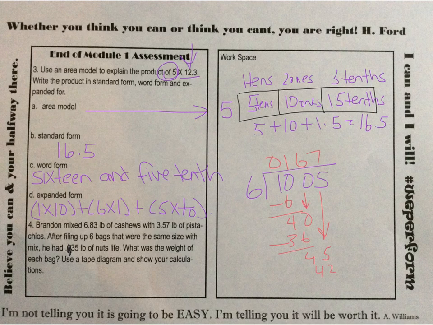So that's 42. Now we have that 3. Well, we're going to have to add a 0 so we can get this problem solved. So we have 5 times 6 equals 30. So now we're at 0. We put our decimal point. So the answer is that each bag contained 1 and 675 thousandths pounds.